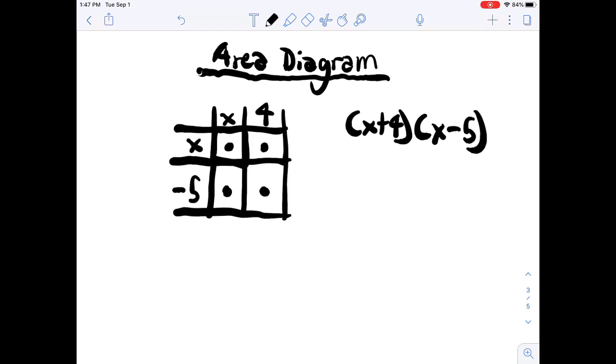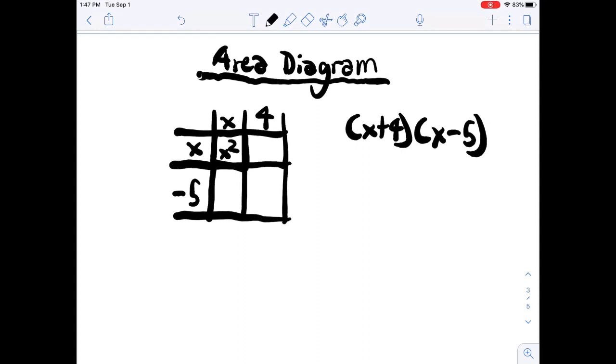This square will be 4 times -5. So x times x is x squared, so we're going to write that right here. 4 times x is 4x, so we're going to write that here. -5 times x is -5x. And 4 times -5 is -20.